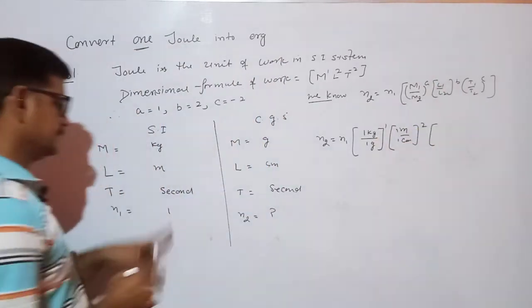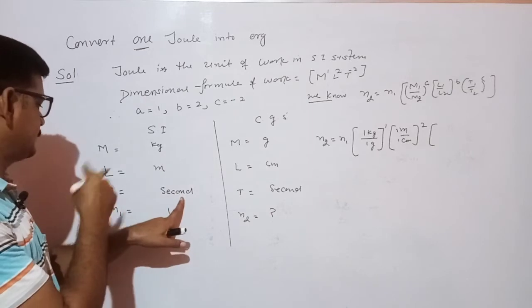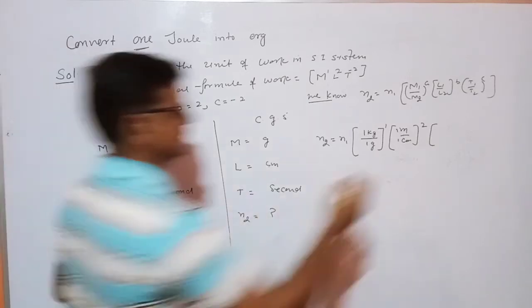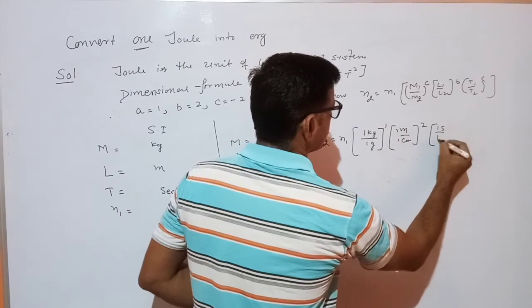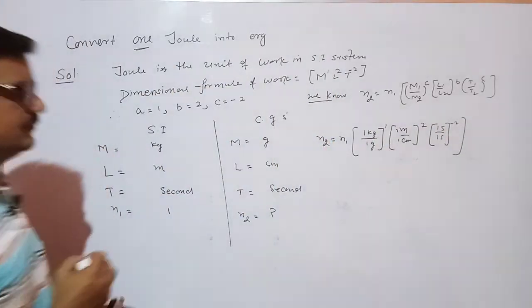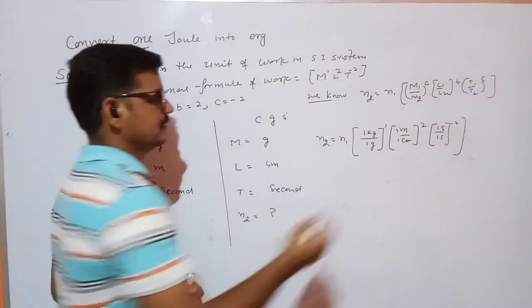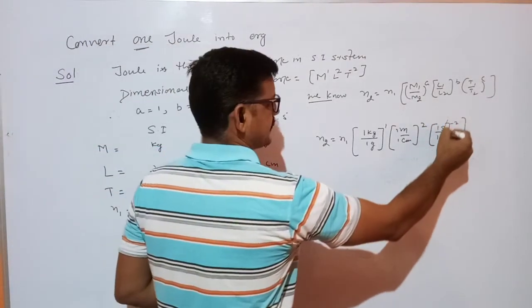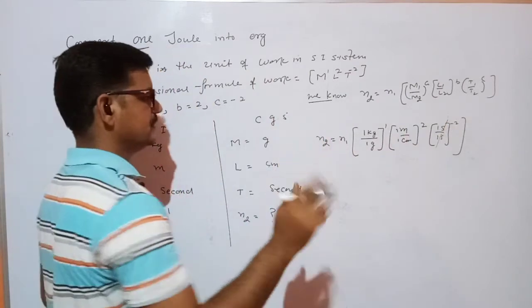T1 upon T2, that is units of time, second, power minus 2.